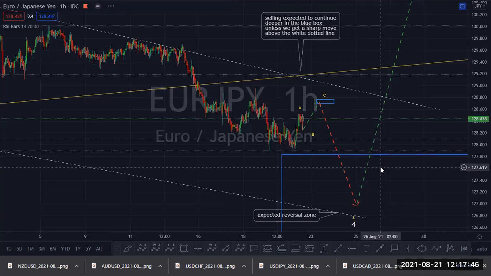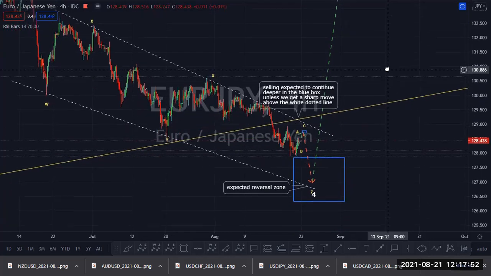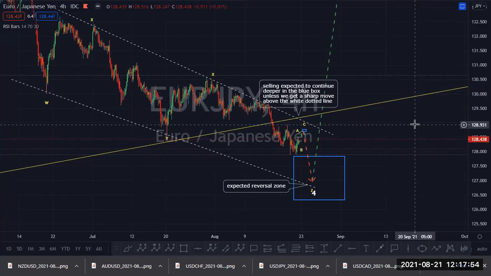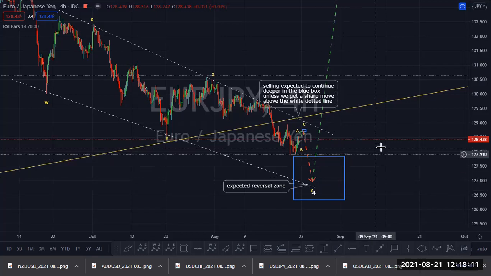Let's see 4 hours and 1 hour, there's no difference. Expected reversal zone is between 127 and 126.6 or 126.7. So we expect to buy around 127 to 126.7.